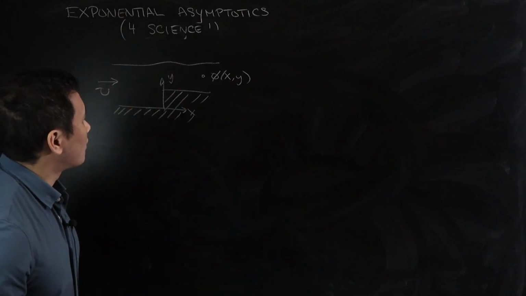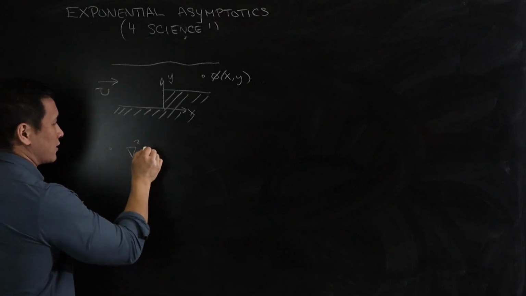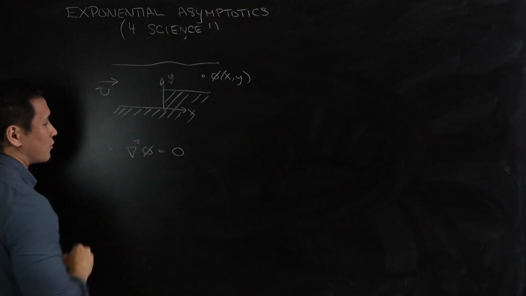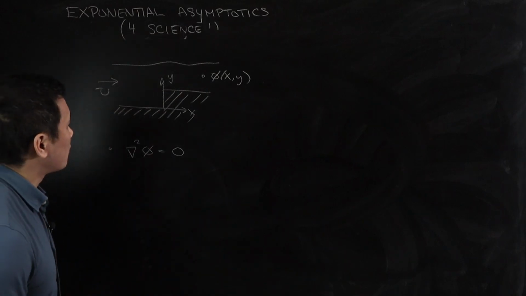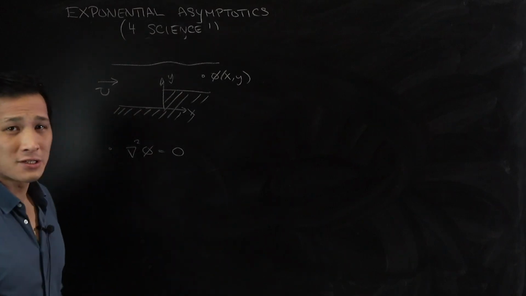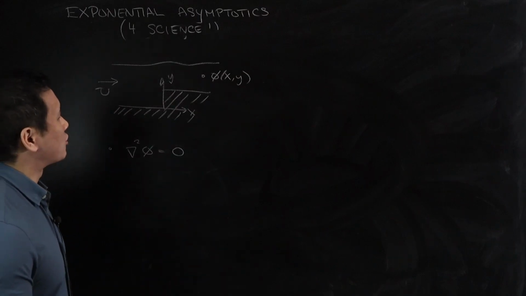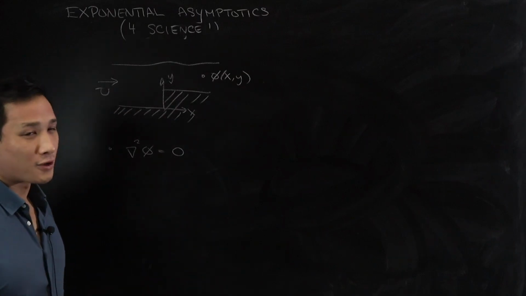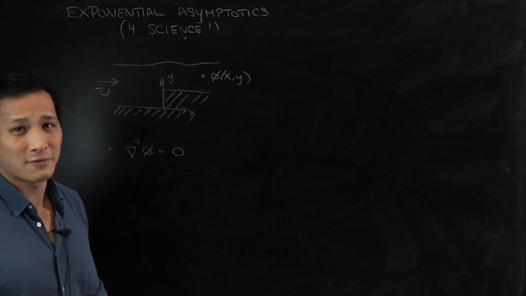Essentially, you're trying to solve Laplace's equation, del squared phi is equal to 0. Now, in the 1800s, Stokes realized that there's a trick to thinking about this kind of problem. And the trick is to not think of phi as a function of x and y, but to think of x and y as a function of phi.